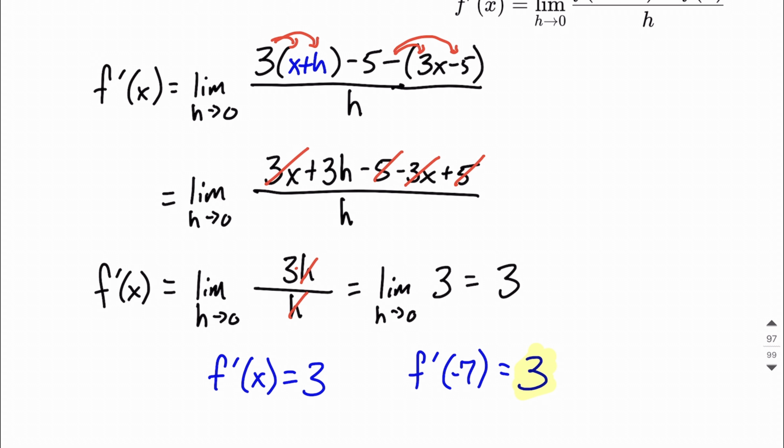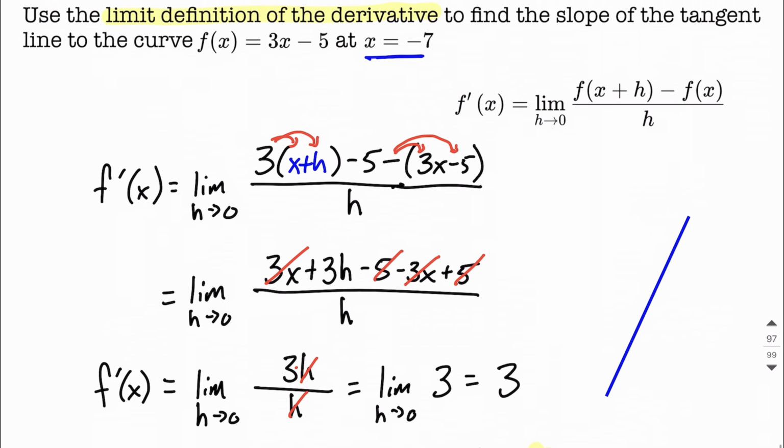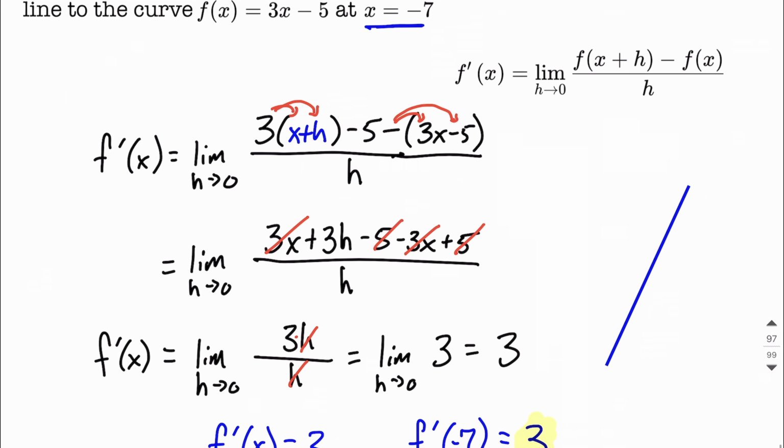That kind of makes sense if we think about the slope of the tangent line. After all, our initial function was 3x minus 5. That's a line with a y-intercept at negative 5 and a slope of 3, meaning no matter what point you pick on here, if we think about a tangent line to that curve, it's going to be the exact same as our initial line.